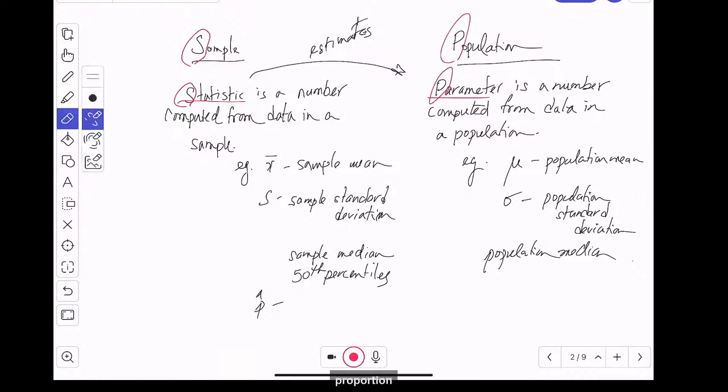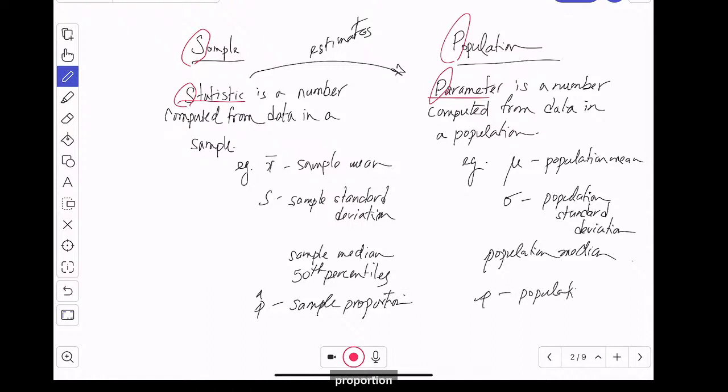So sample proportion is one you learn about, and it estimates the population proportion. And these symbols are also rather standard. So I put a hat on the sample one to indicate it's different from the true one. Okay?